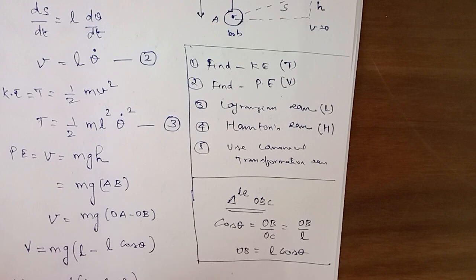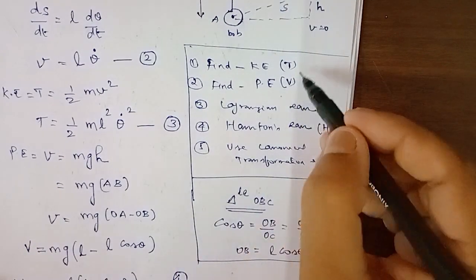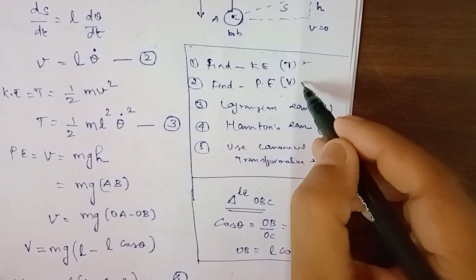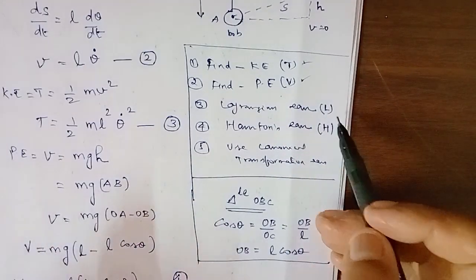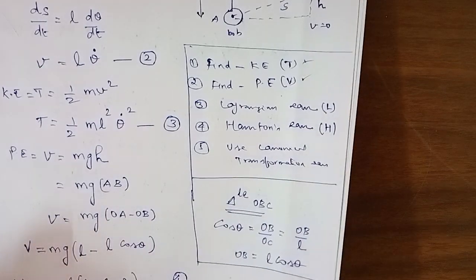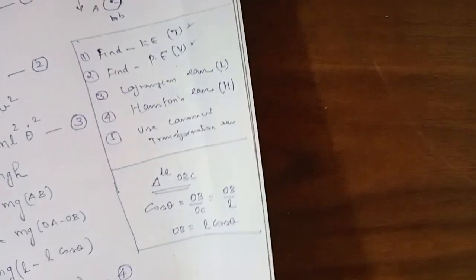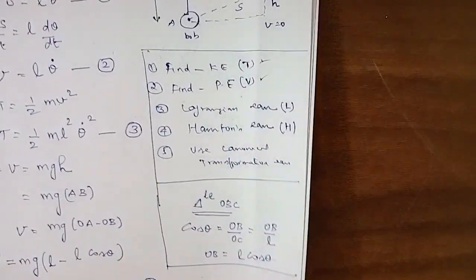So this is the value of V. We calculated first the kinetic energy, then the potential energy. Now I want to calculate the Lagrangian L.